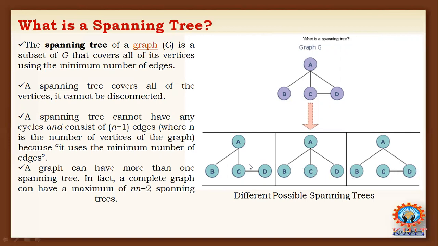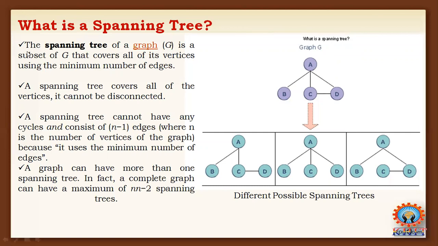So we can create different possibilities of spanning trees from the given graph, which satisfy the condition that a cycle cannot be formed. And also we can connect A to B, B to C, C to D. So this is also considered a spanning tree.